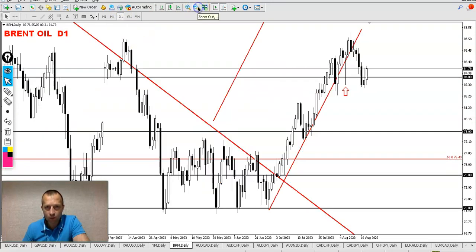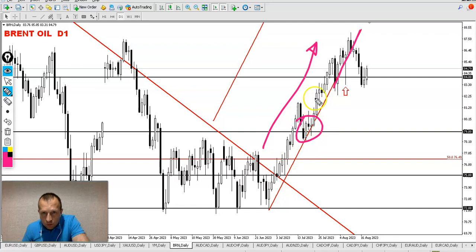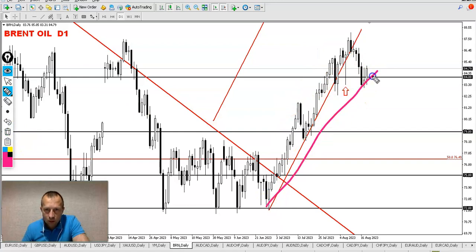I don't know. Before, you remember, I projected this ascending channel to the upside, but I'm now not sure that this is correct, because before I drew it when the price was around this point in the market, but now maybe it should be drawn like this. Who knows?